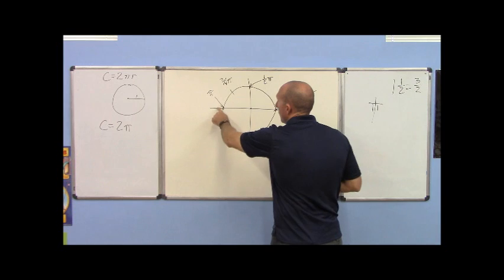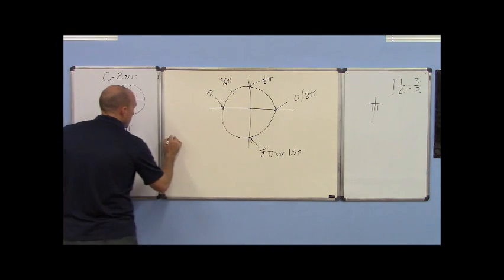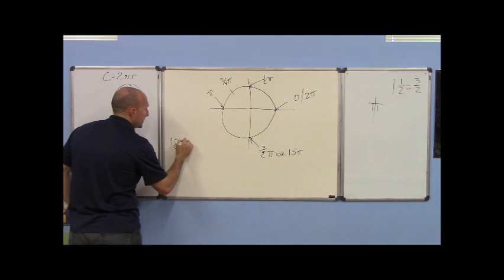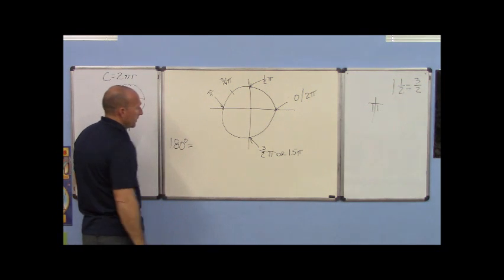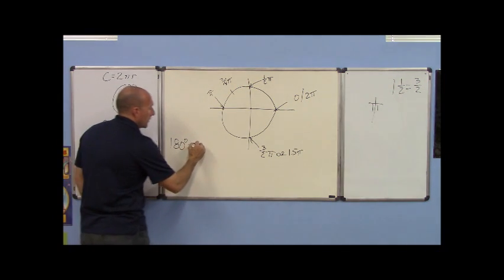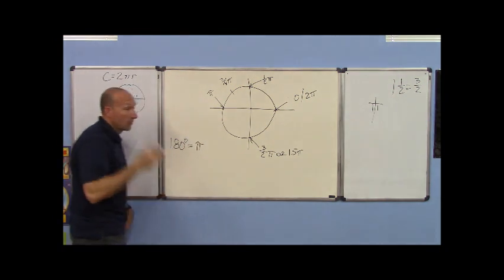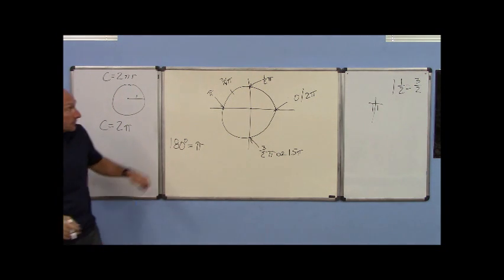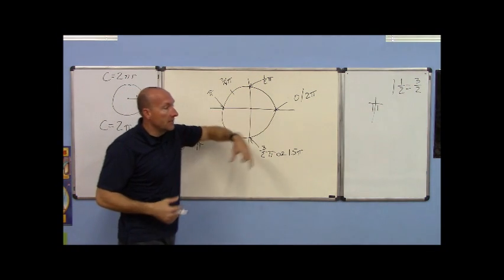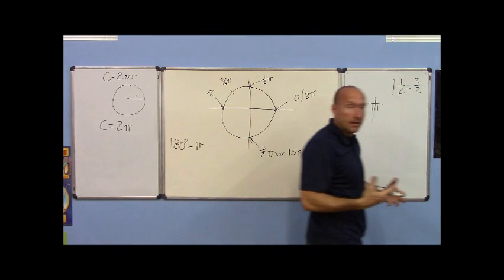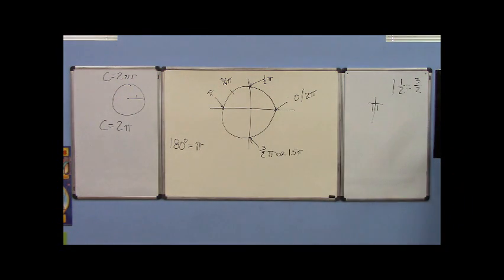So halfway around is 180 degrees, which equals pi for radians. Here we're doing radians, and that's whenever we incorporate pi. For degrees, we have the little degree sign up top.